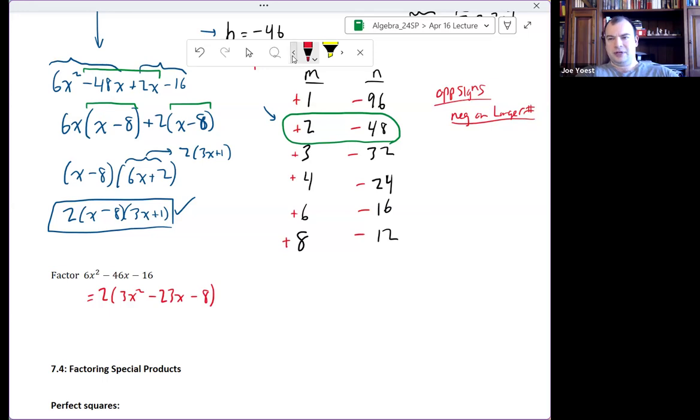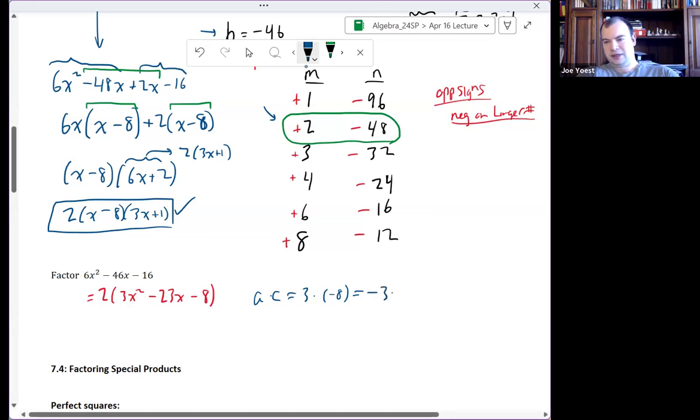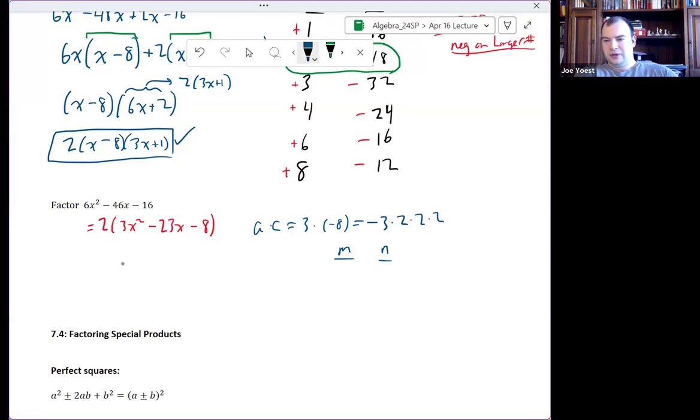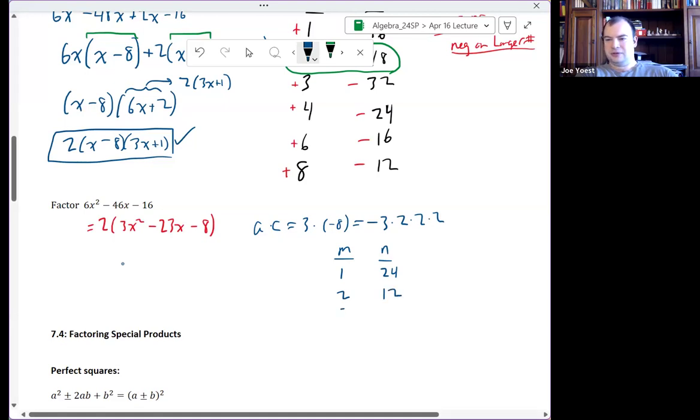And then what would I have gotten from the AC grouping method? I would have gotten that A times C equals 3 times negative 8, or negative 24. What would my M and N be? I'm not going to go through all of the details, but we'd have had 1 times 24, 2 times 12, 3 times 8, 4 times 6. 5 doesn't work. 6 goes to 6 times 4, and we're back to a repeat.